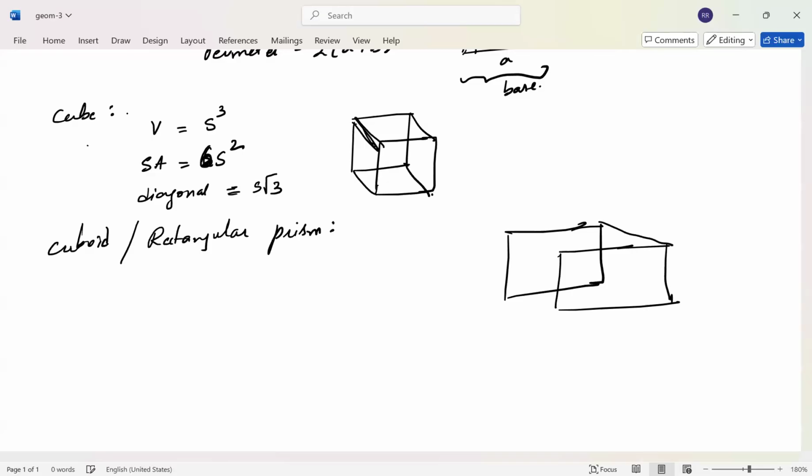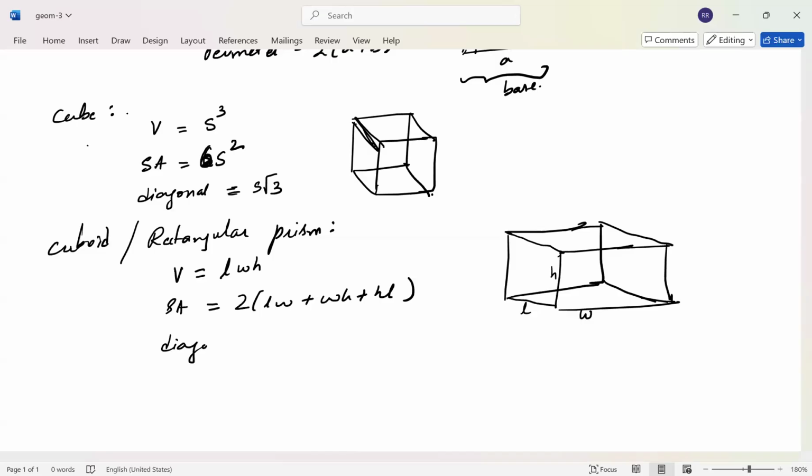Pick up any one corner and mention the three sides as L, W, and H. So volume of the rectangular prism is LWH. Surface area is 2 times of LW plus WH plus HL. If diagonal or greatest distance between any two vertices is asked, it's root over L square plus W square plus H square.